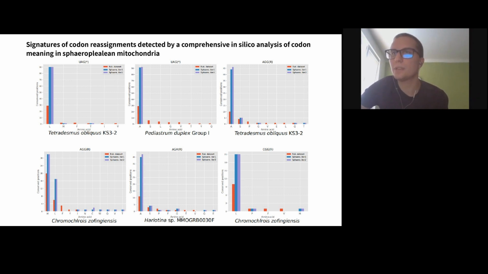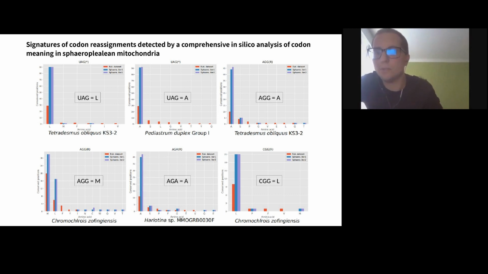When we did this for more than 1,000 organisms from GenBank, we found one group of algae which seemed particularly interesting, called Sphaeropleales. In this group there are organisms using UAG to encode leucine, UAG to encode alanine, AGG alanine, AGM methionine, AGA alanine, and CGG leucine.